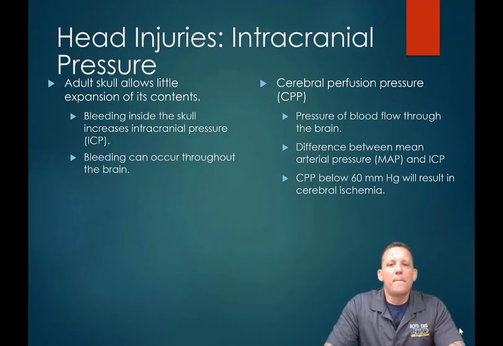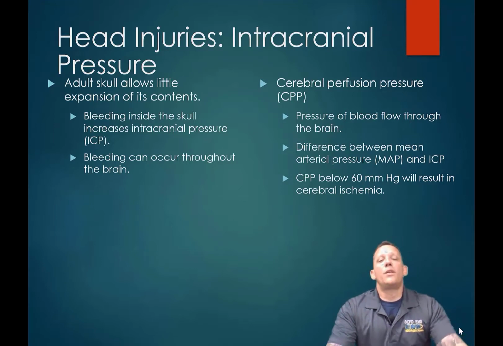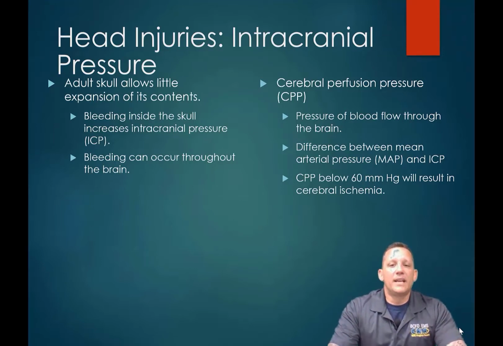The difference between MAP, your mean arterial pressure, and ICP is your CPP. A CPP below 60 will result in cerebral ischemia. There's a pretty simple math formula we went over when we were going through this in lab, so if you want, refer to that math formula so that you understand whether or not the brain is actually being perfused in any given situation.